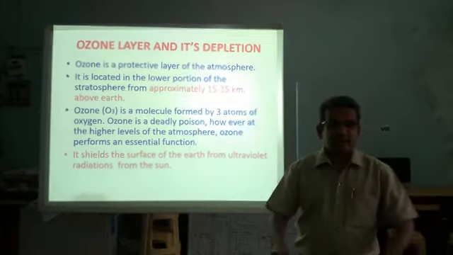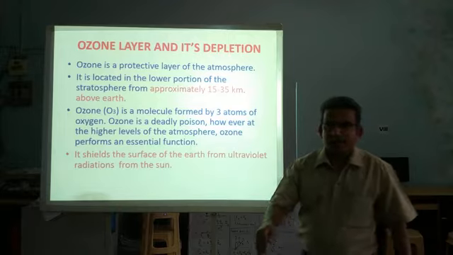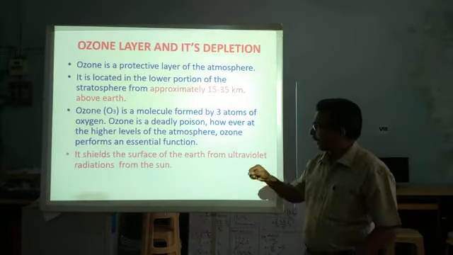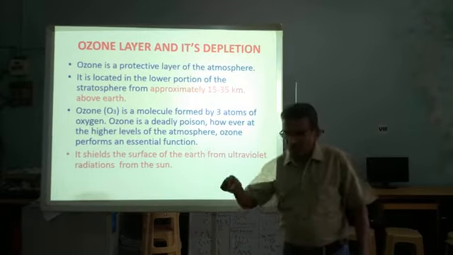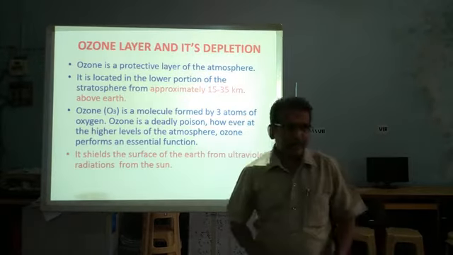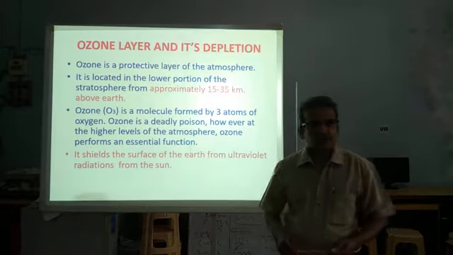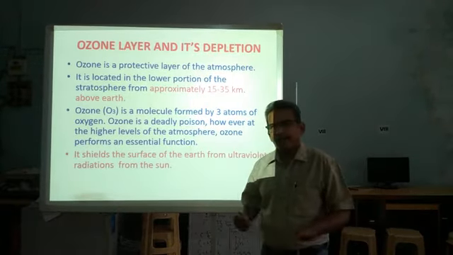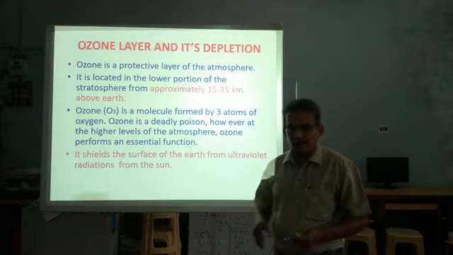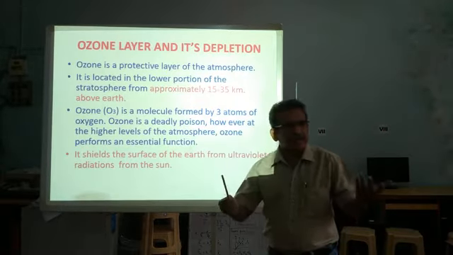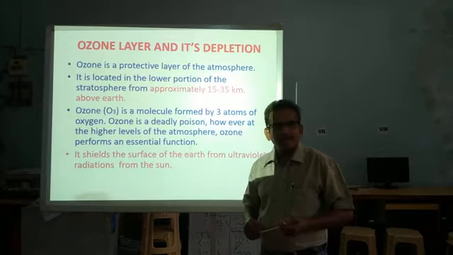When it is present in the lower atmosphere, it is highly dangerous for the life of organisms. Hence, whatever ozone is there in the lower atmosphere, we call it bad ozone. What will we say? Bad ozone. The ozone which is present in the lower atmosphere, we call bad ozone.